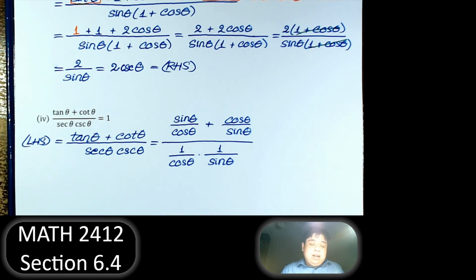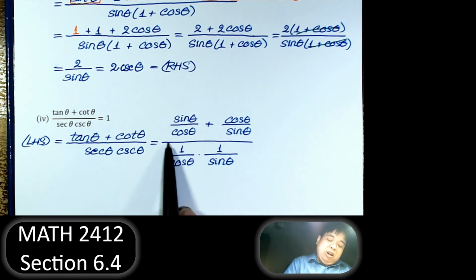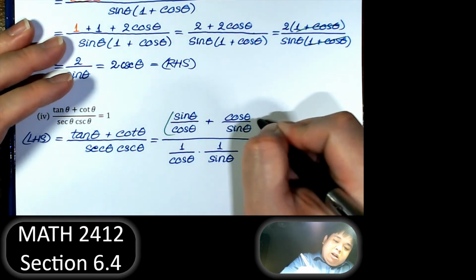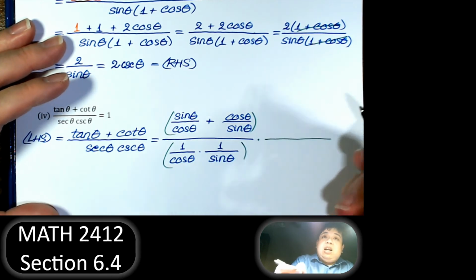Now what we see here is the denominator for the fraction, the bottom, has cosine and sine, and the common denominator of the top is cosine and sine. So why don't we multiply top and bottom by sine cosine.